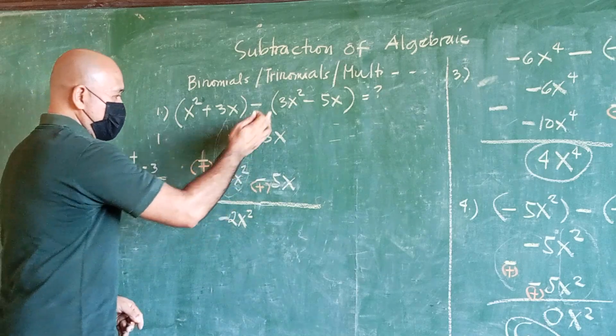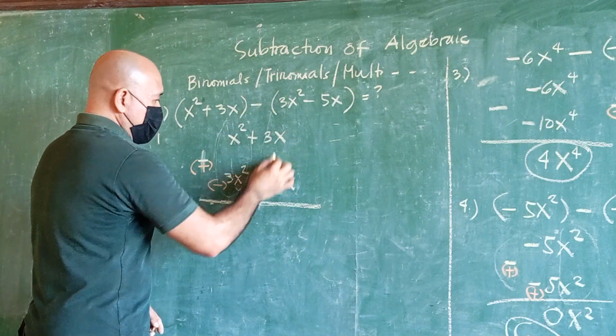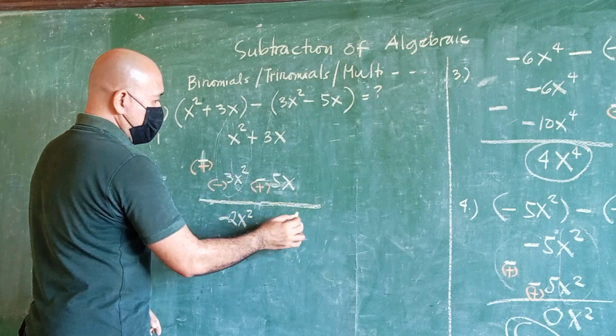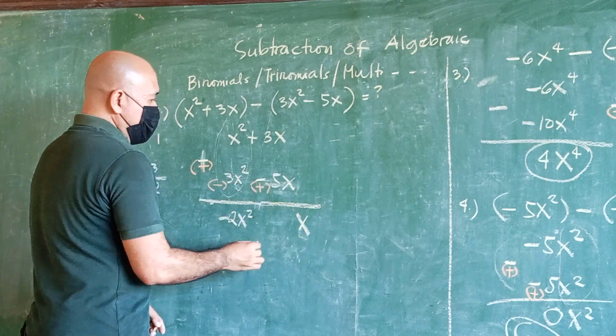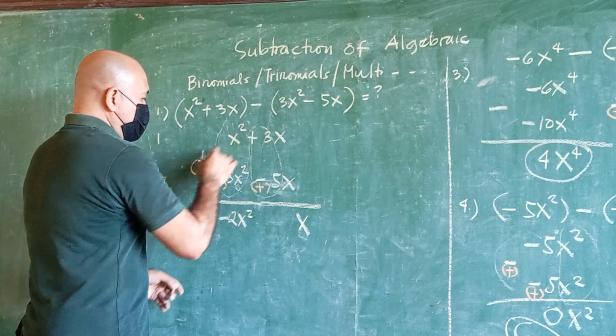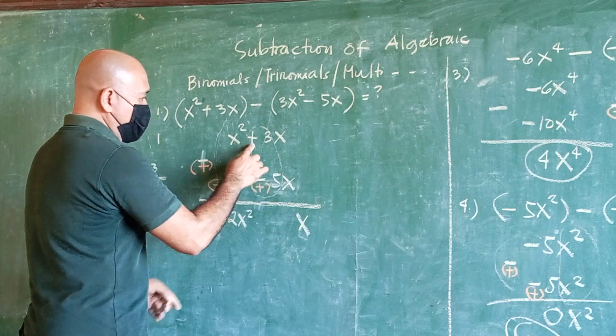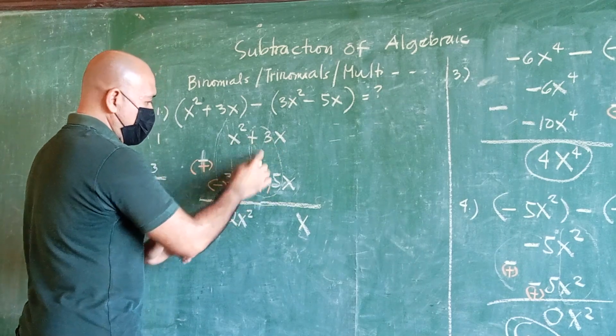And you proceed to the second terms. The variables are the same with the same exponent. So bring down x, and then it becomes positive 3 plus positive 3. So the signs between the given terms are now the same.